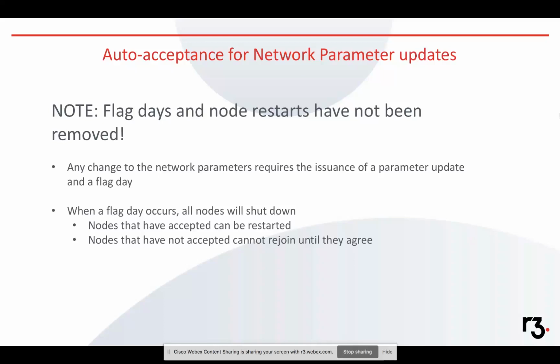But even being able to remove one of these steps, so it's just a restart rather than an accept and then a restart, seems like a step forward. I know there's a lot of controversy around network parameters and flag days, but all consensus networks have them. It's the equivalent of a hard fork. It's unavoidable, but we need to do them as rarely as possible.